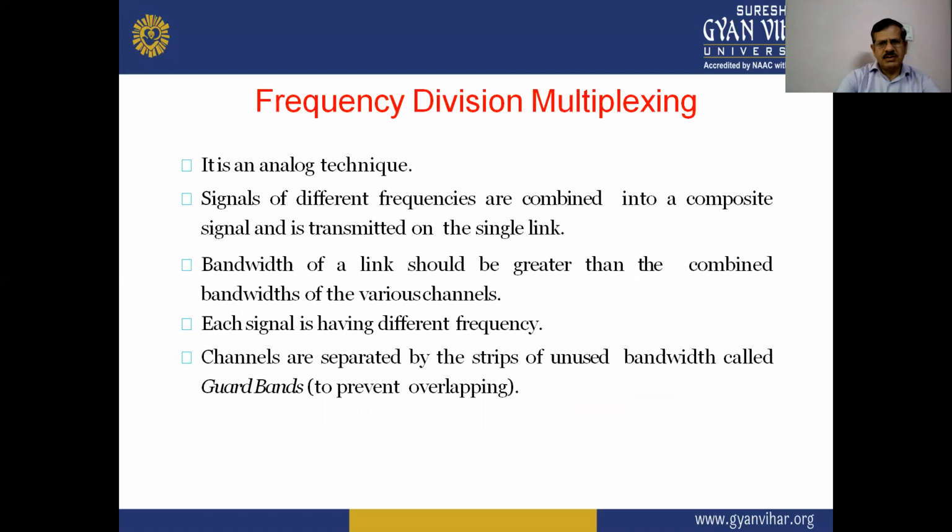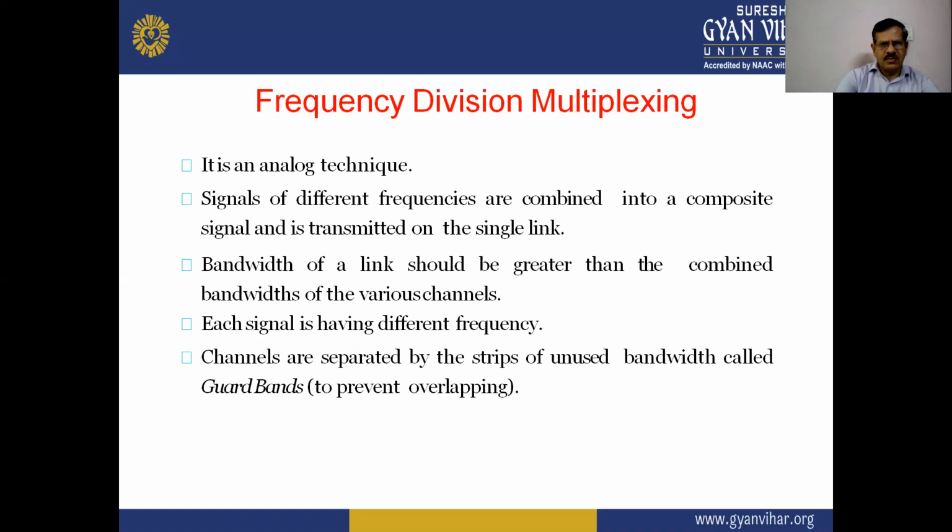In frequency division multiplexing, or FDM, it is an analog technique. Signals of different frequencies are combined into a composite signal and transmitted on a single link. In FDM, the bandwidth of a link should be greater than the combined bandwidth of the various channels.